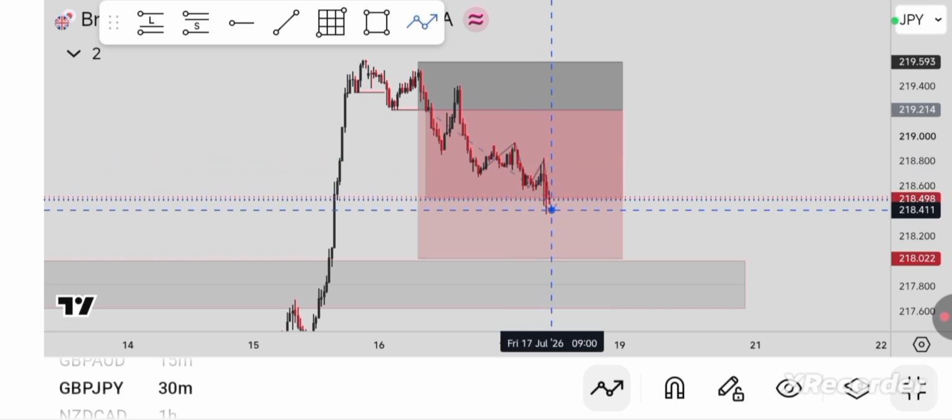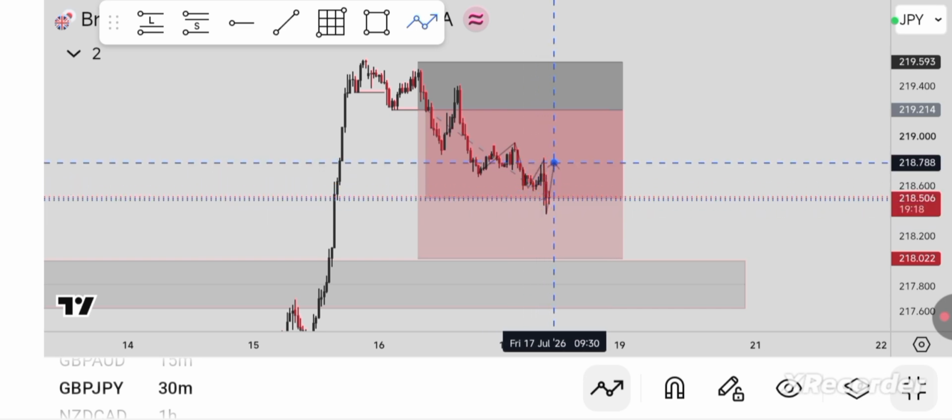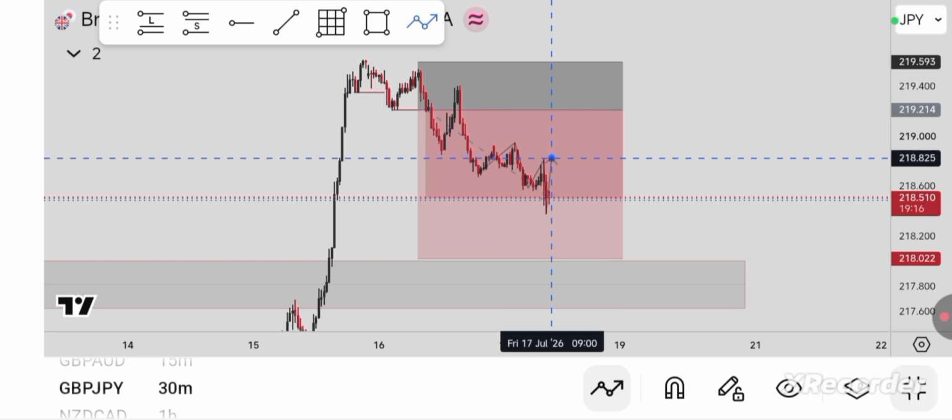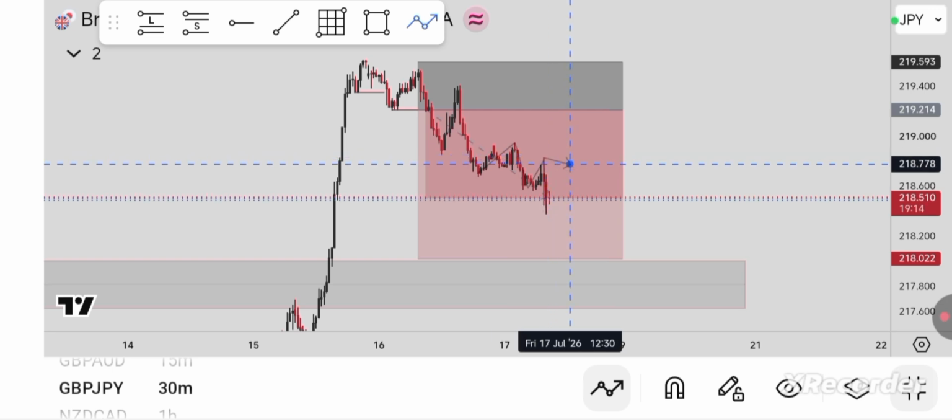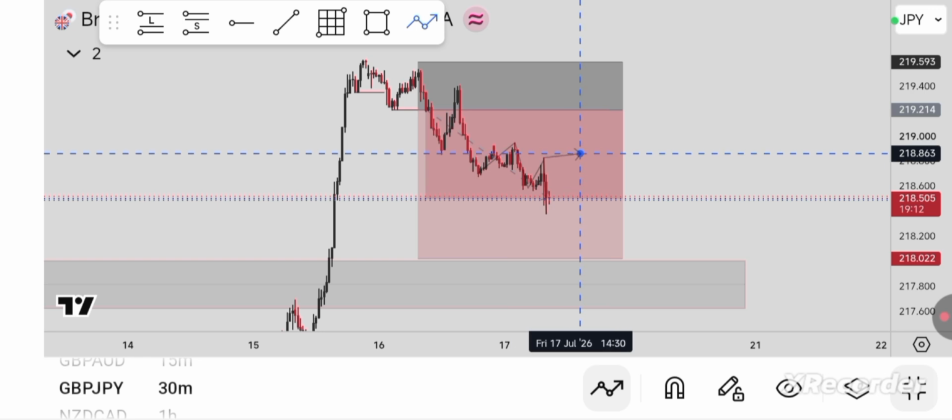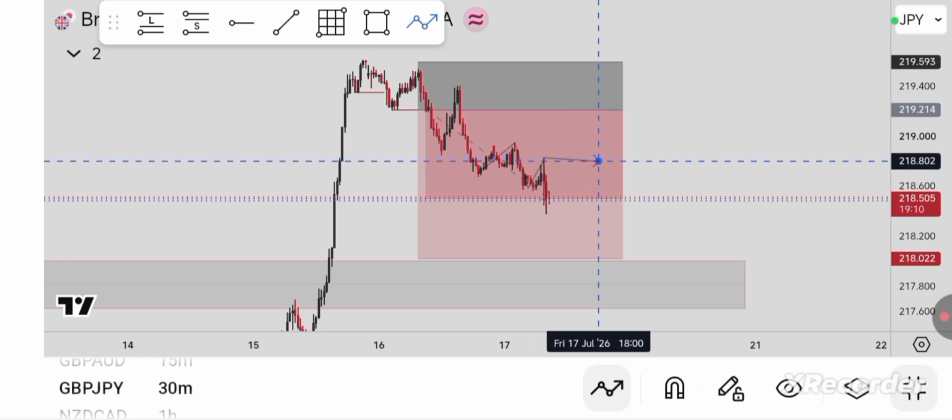So for me to close this trade now, I want to see the market rally up and break above this recent high with a body. Then I will know that the market has reversed. Then I will close the trade.